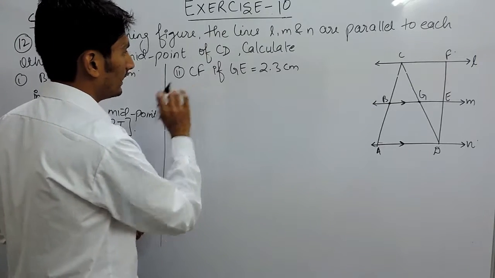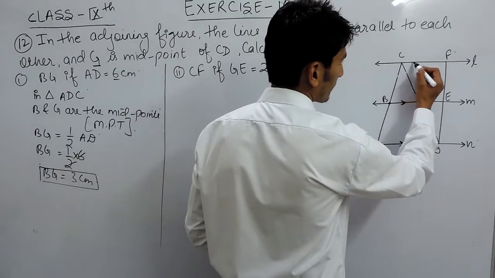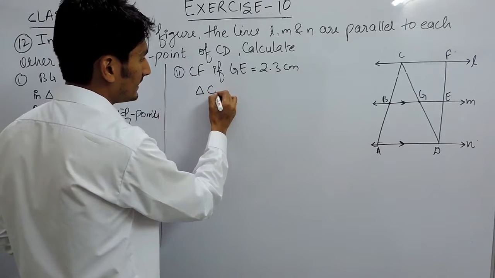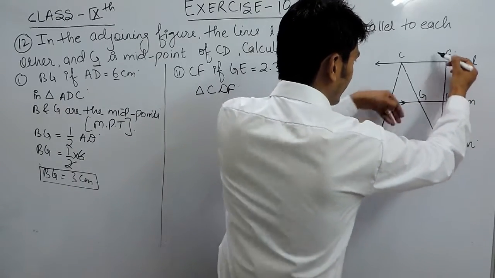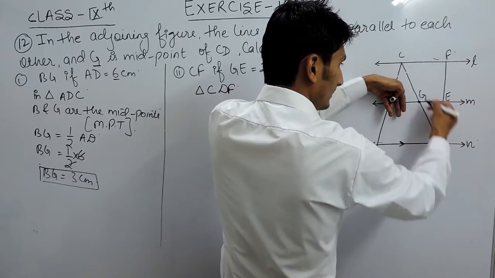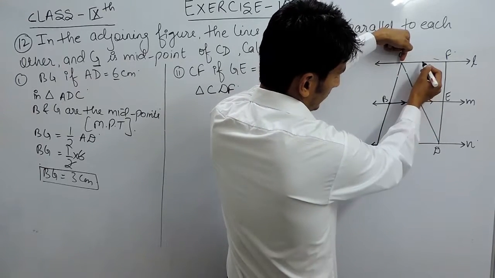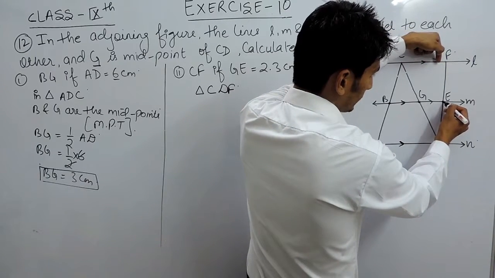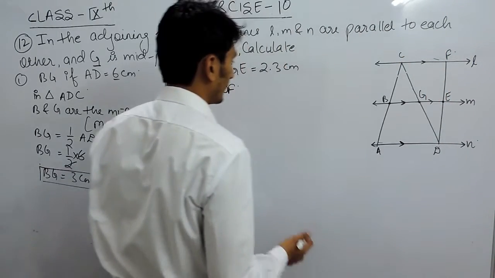Now let's find the value of CF, which is this. For that, let's talk about triangle CDF, which is this triangle, and G is the midpoint of CD. From G, the midpoint, if I draw a line parallel to this line, it should meet the midpoint of another line, and it should be half of this third line.